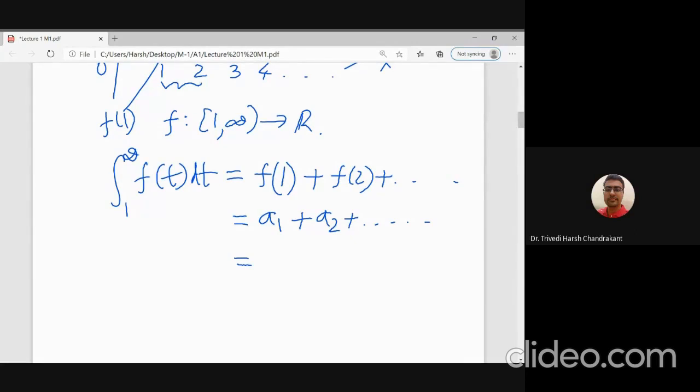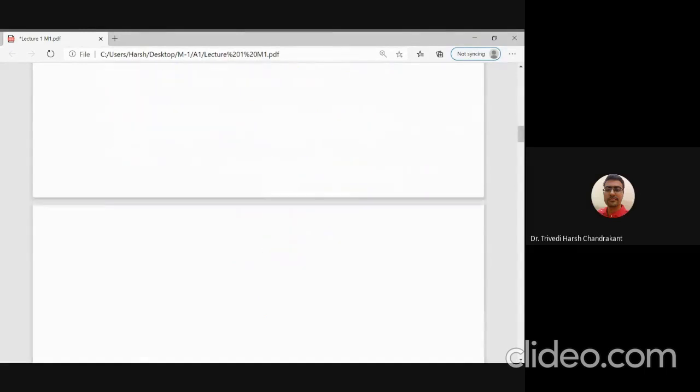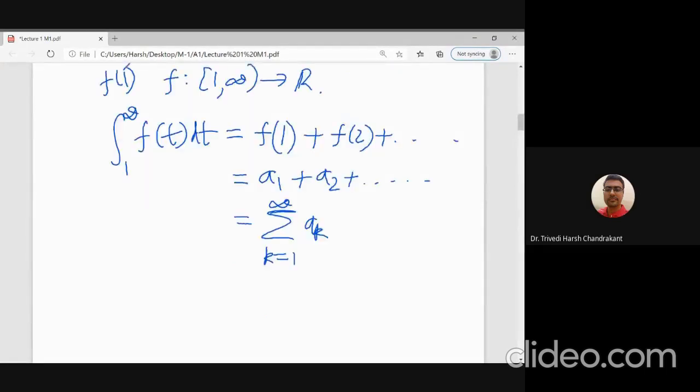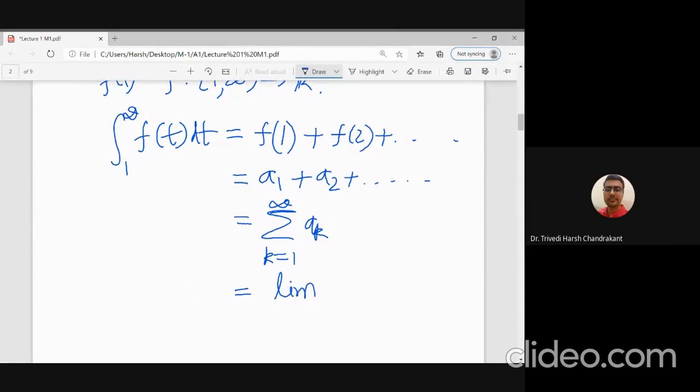We already studied this in this course, that is called a series, and simply we can write it as the sum from k equal to 1 to infinity of ak. And then we know that the series converges if and only if we write it as a limit of the partial sum.